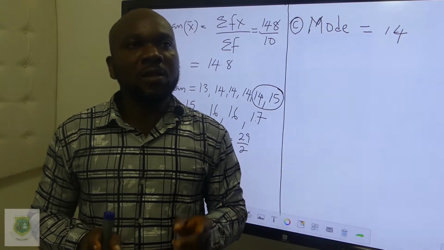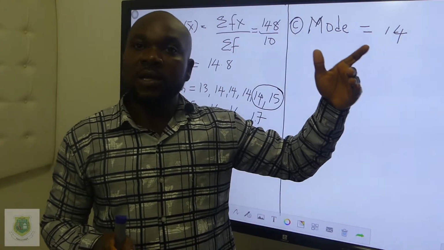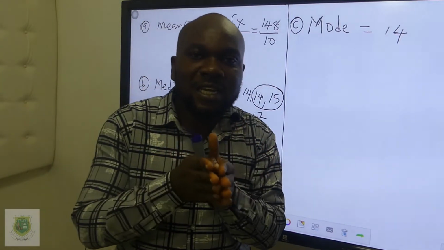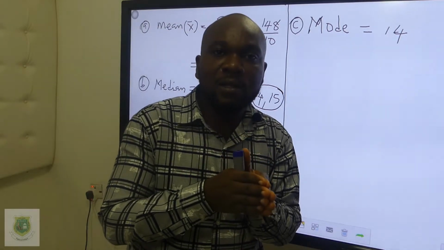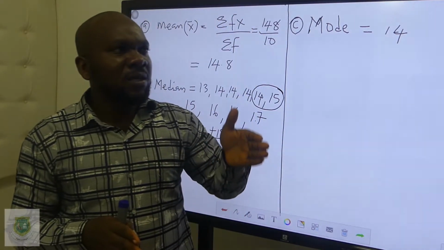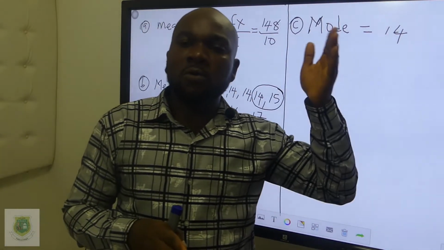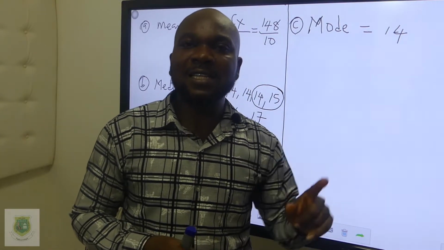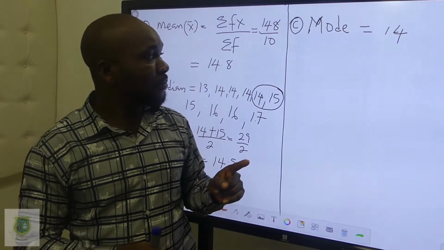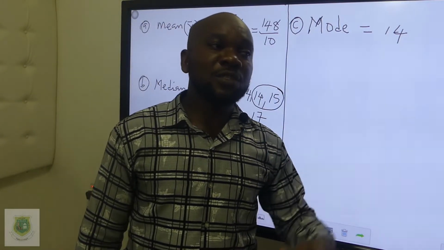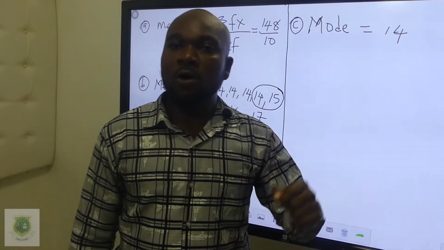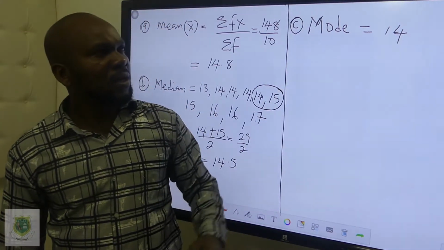Remember that when the number of elements is even, 2 numbers fall at the center, so you take the average of the 2 numbers at the center. But once it is odd, 1 number falls at the center, and you pick that one. Lastly, mode is the number that occurs most, or the number with the highest frequency.